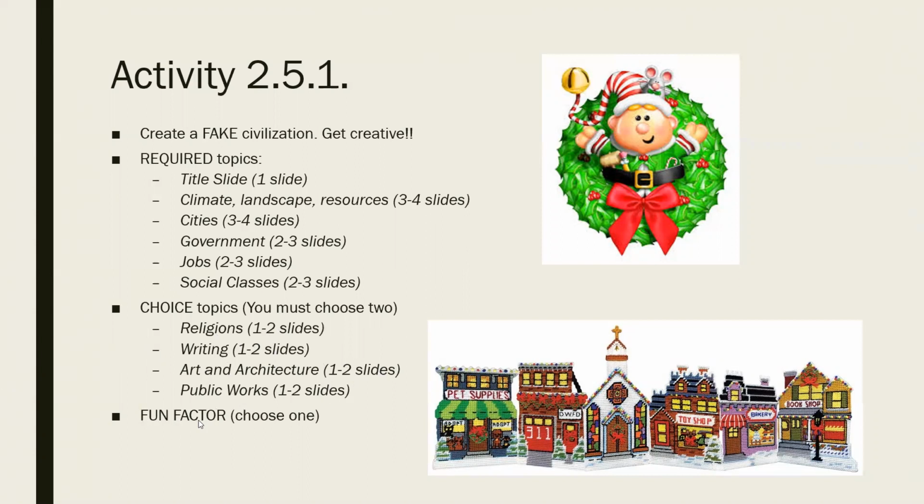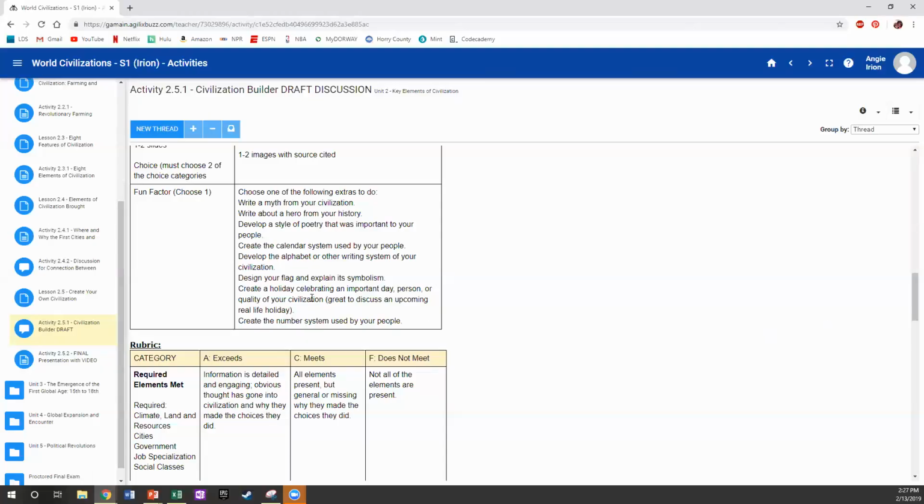Now the reason we call them the fun factor is that you can be really creative. You can choose to design a flag. You can create a myth that has something to do with the history of the people that live in this civilization. You can choose to explain a holiday or create a number system or create an alphabet.